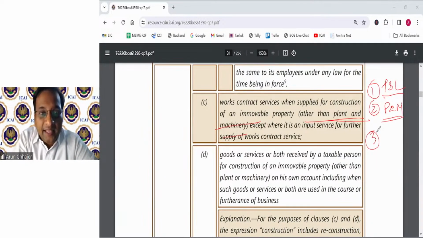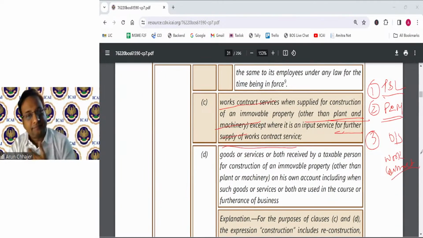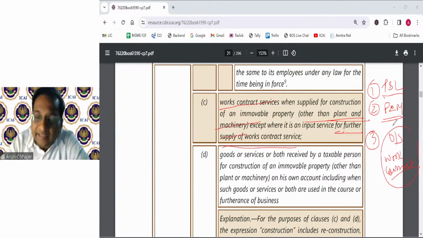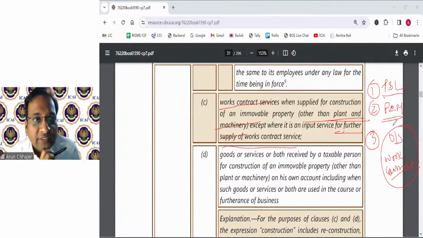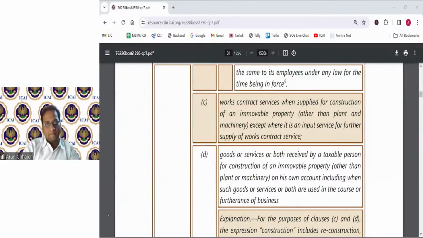Third, if it is work contract service and my outward supply is also work contract service, if it is related to the work contract service and my outward supply is also of the same category, in these three situations, ITC would be allowed, otherwise not allowed.